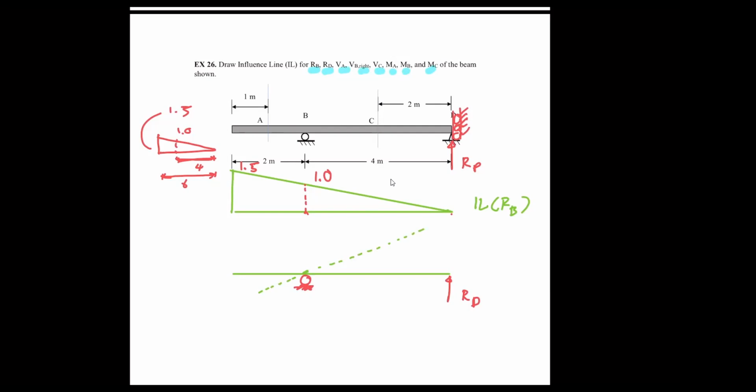Okay, so that means the shape of the influence line of RD will look like this. Right?